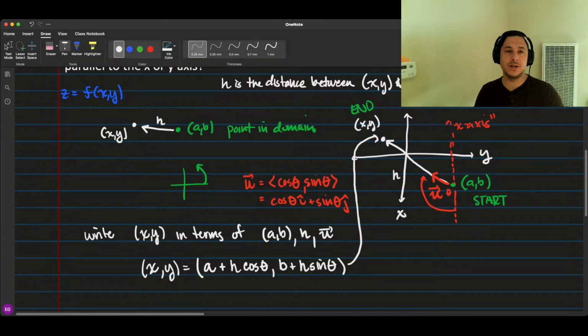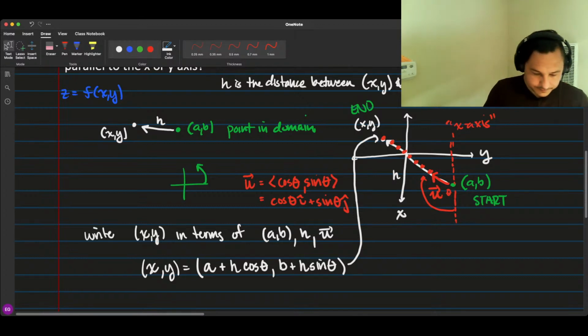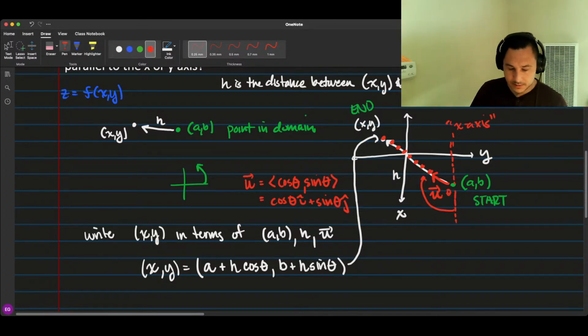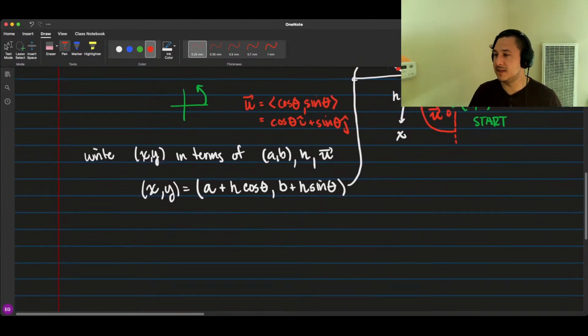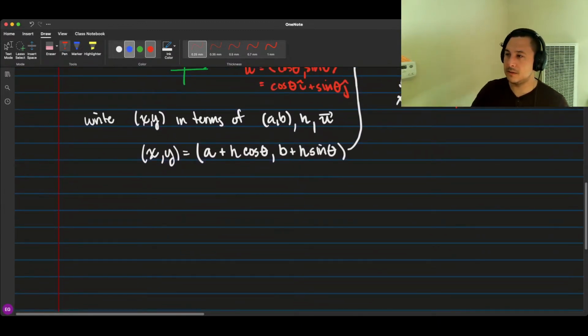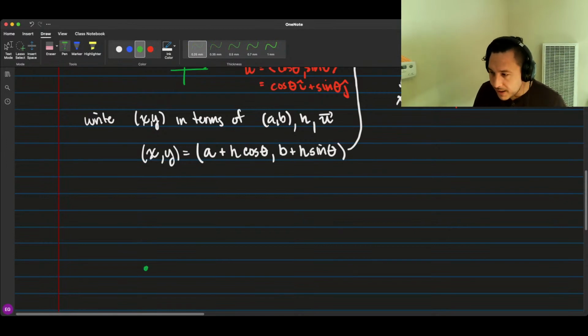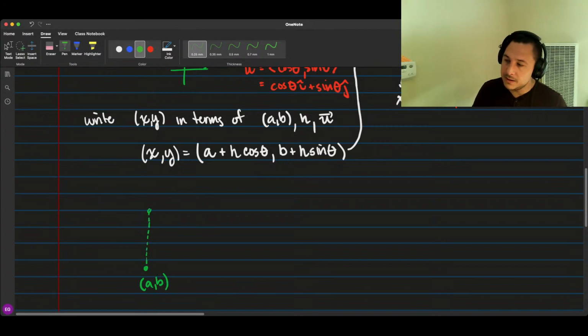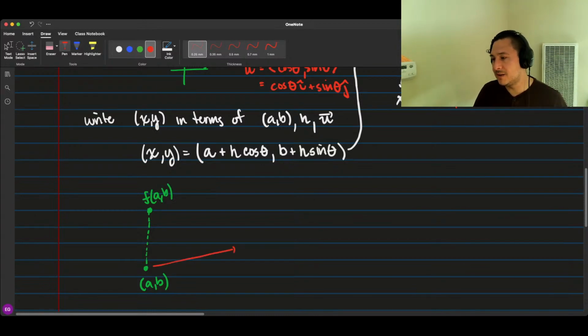So by setting h, we can now slowly move this point in as we take the limit to turn the secant line into a tangent line. Okay, so let's define this secant line. We have our a comma b, that's in the domain. You evaluate it, and you get f of a comma b. Now we have our second point over here.